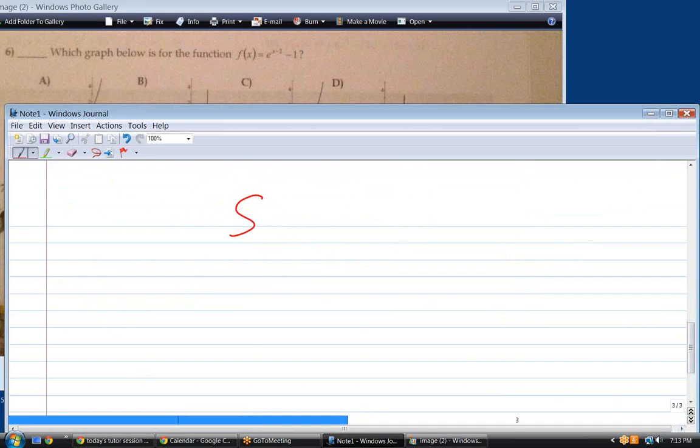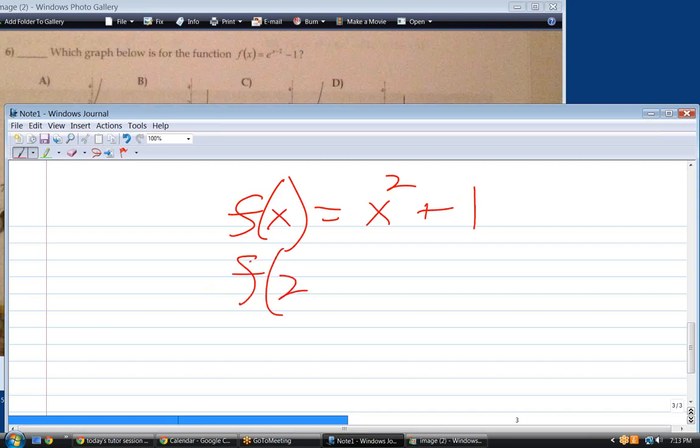If I said f of x is equal to x squared plus 1, what is f of 2 equal to? 5. So you know that whatever is in the parentheses gets substituted for x, right?